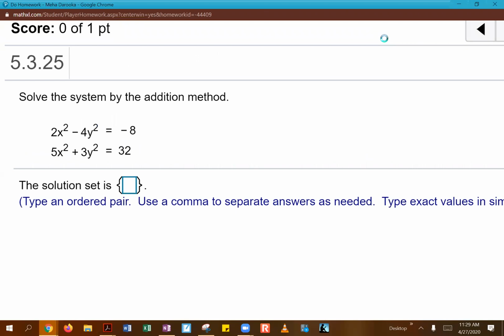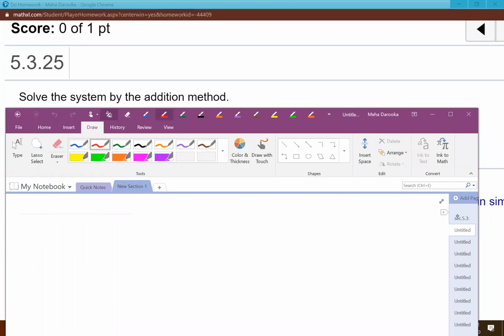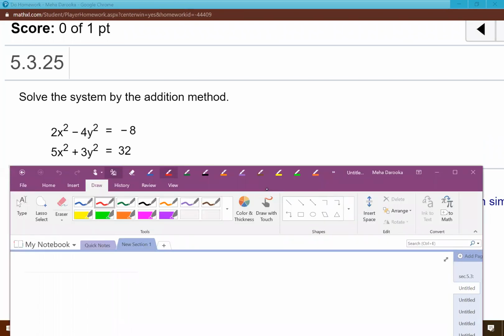Okay, so let's look at this guy over here. They're asking us to use the addition method to solve this guy. So let's see, we have 2x squared minus 4y squared equals -8.